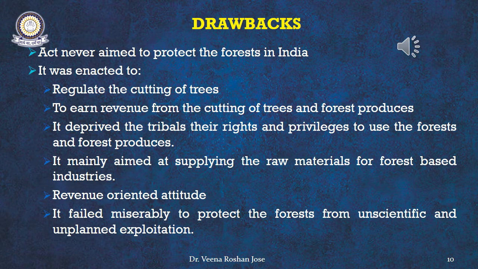Then it mainly aimed at supplying raw materials for forest-based industries. The ultimate object of the statute was to supply raw materials for the forest-based industries, especially the requirements of the British government, that is shipbuilding, laying railway lines, manufacturing of railway coaches, etc.